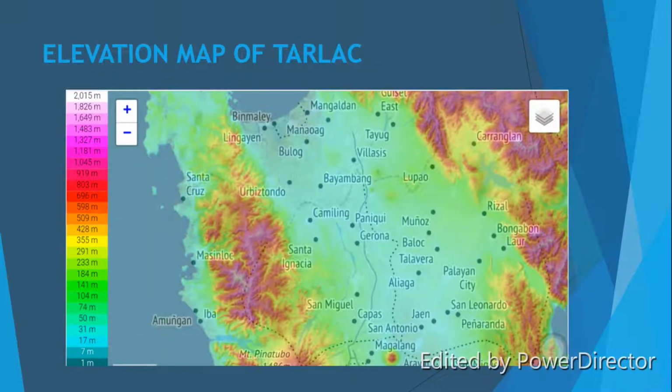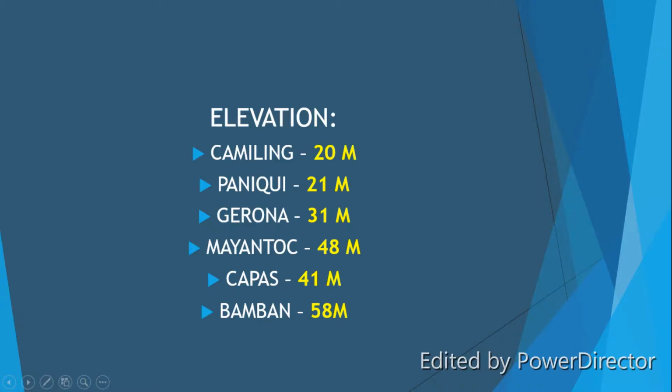As you can see, this is the elevation map of Tarlac, and the given elevations for the subbasins are Kamiling 20 meters, Paniki 21 meters, Herona 31 meters, Mayantok 48 meters, Capas 41 meters, and Bamban 58 meters.